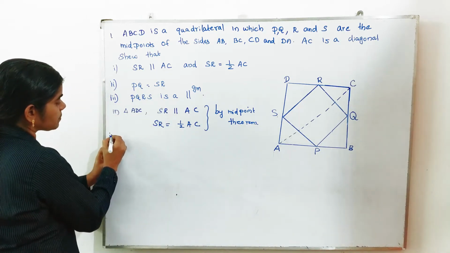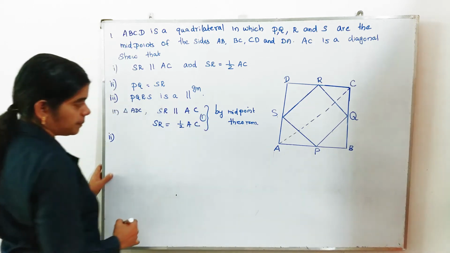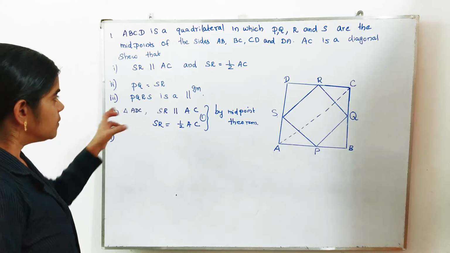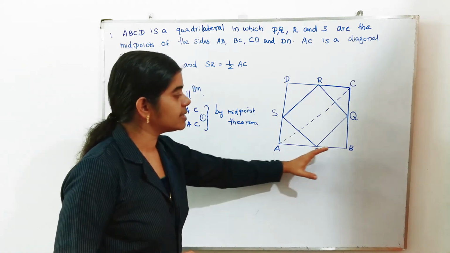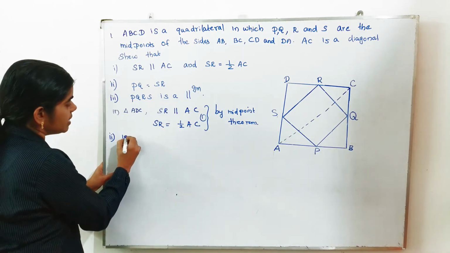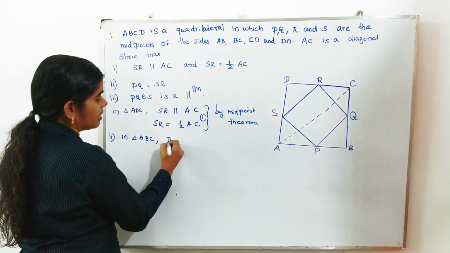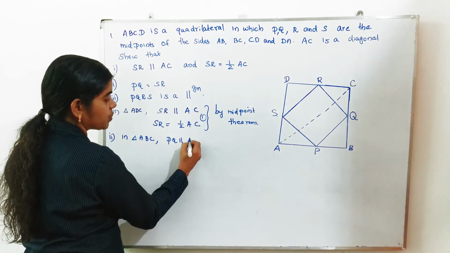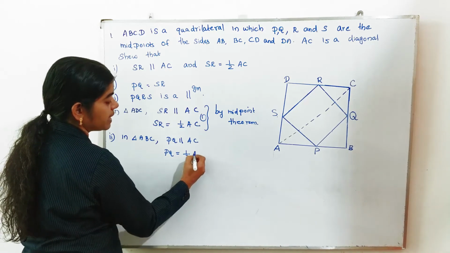We can call this equation number 1. Then for proving PQ is equal to SR, you take the other triangle ABC. In triangle ABC, we can write PQ is parallel to AC and PQ is equal to half AC.